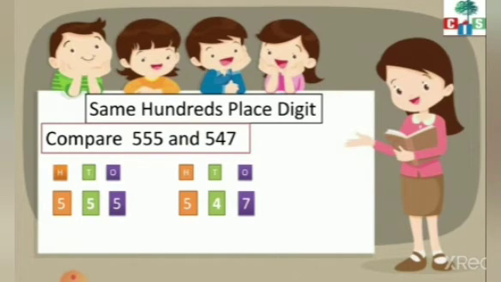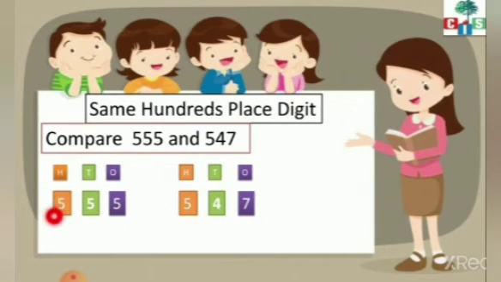Now if you look carefully, both the numbers, that is 555 and 547, have the same number of hundreds. Here also it is 500 and here also it is 500. So the number in the next lower place, that is tens, we will compare. Whenever there are the same hundreds, we will move to the tens.